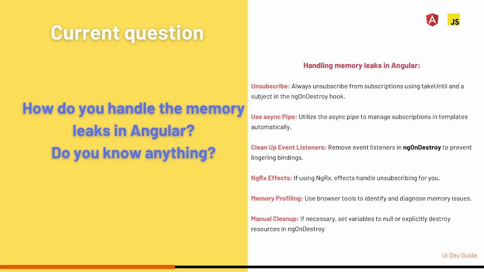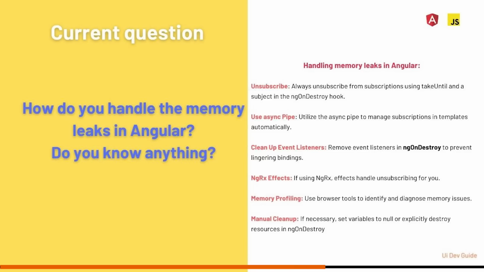Okay. So do you know async pipe? Yes. So what is the use of it? Async pipe actually works on observables and handles the data which comes from the observables, like the data coming from the backend.